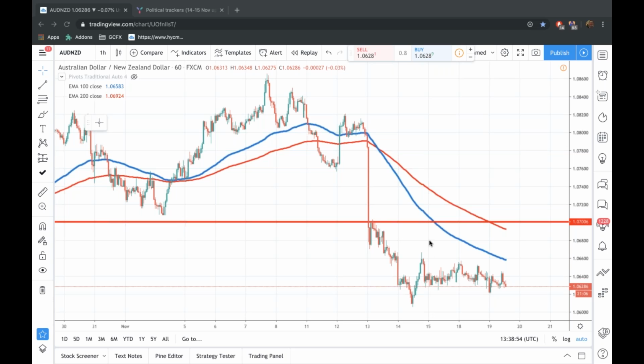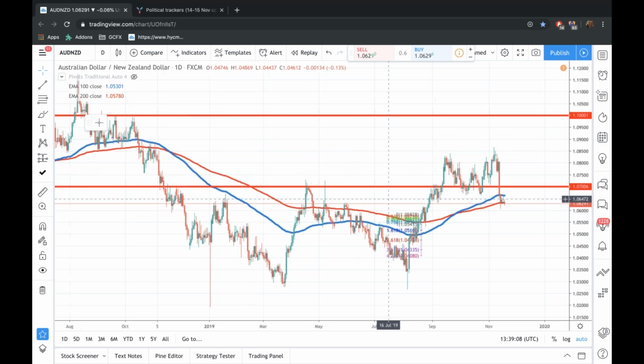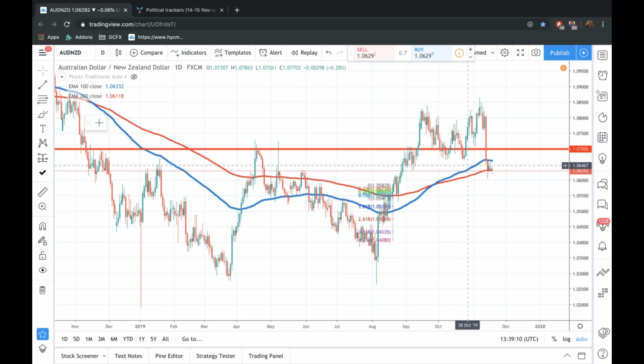If the US-China trade deal breaks down, it tends to impact the Australian dollar more than the New Zealand dollar because of the closer connection between China and the Australian dollar. So, expecting this pressure to carry on in the Australian dollar, New Zealand dollar pair.